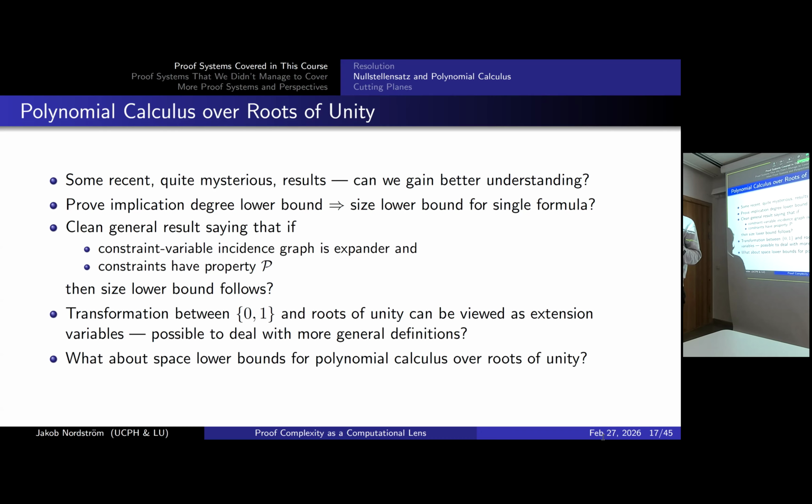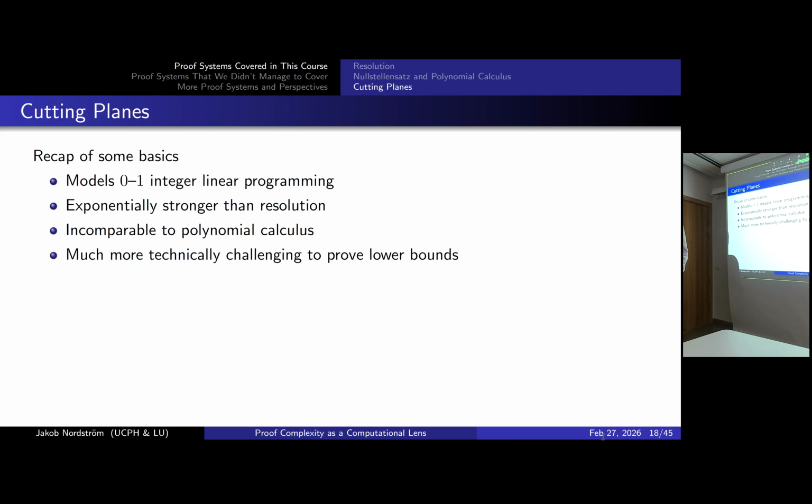So doing this in general still appears to be open. And then one other thing that I just don't know is whether it makes sense to think about monomial space lower bounds for polynomial calculus over roots of unity. I haven't thought about that at all. Maybe someone should think about that. I don't know.